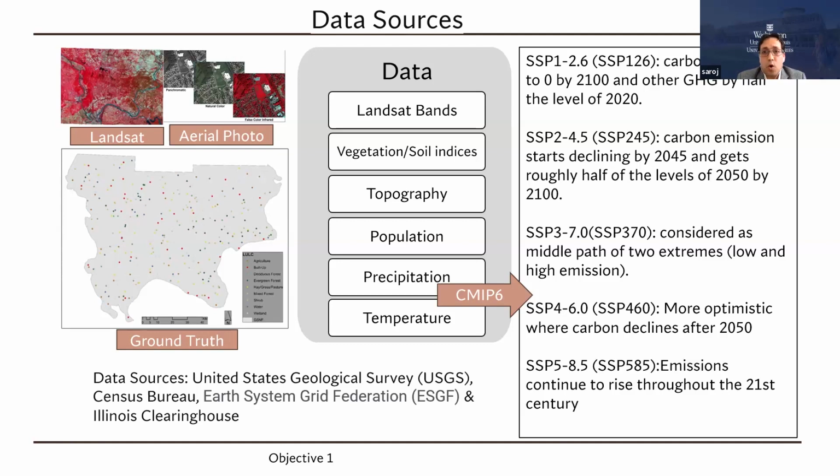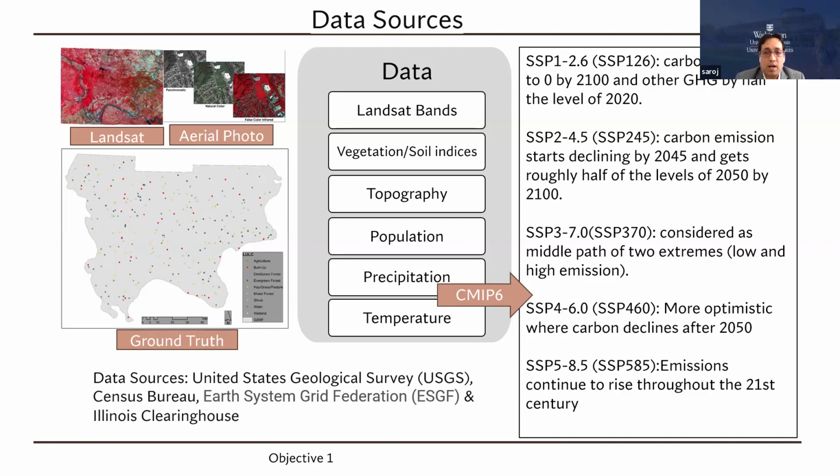SSP1, or SSP-RCP1, is carbon emission to 0 by 2100 and other GHGs at half the level of 2020. These are the assumptions or narratives in the climate scenario. SSP2, or SSP-RCP2, has carbon emission starting to decline by 2045 and reaching roughly half of the levels of 2050 by 2100.